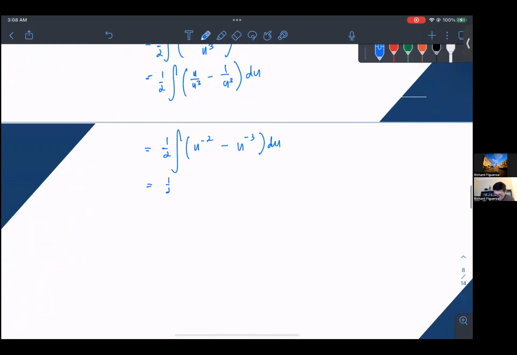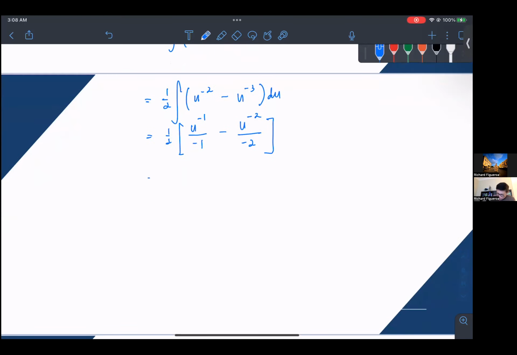So therefore that is 1/2. So u to the -2 plus 1, it's -1 all over -1. And minus u raised to -3 plus 1, it's -2 all over -2. And thus we have 1/2, multiply it with -1 all over u. And this one would become positive 1 over 2u squared.